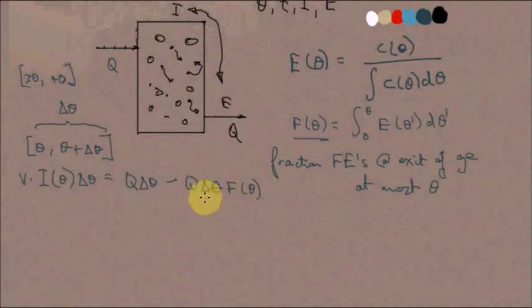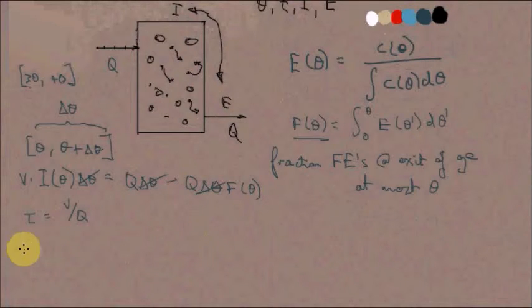So you can see a couple of simplifications being possible. We can cancel this delta theta throughout, and then we are going to introduce a definition here. We're going to let tau equal the volume divided by the volumetric flow rate.